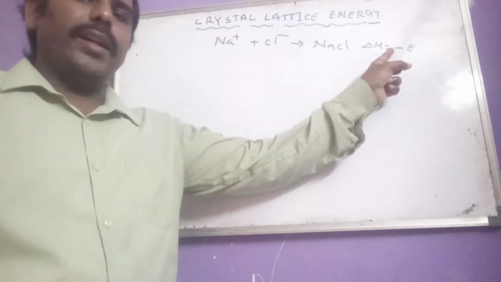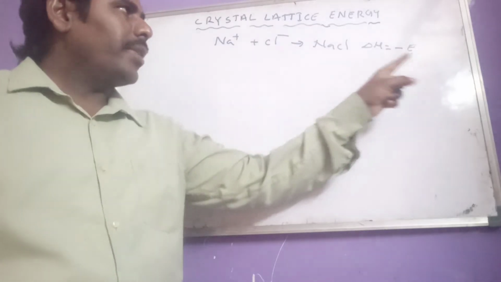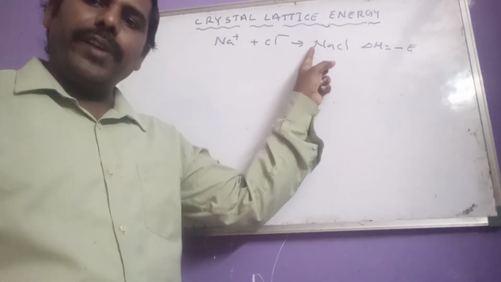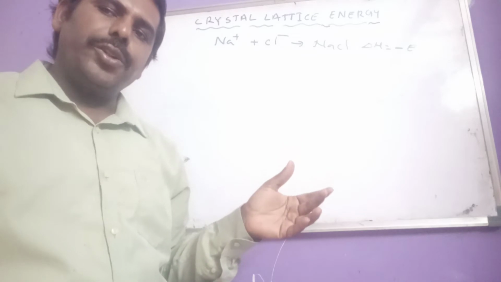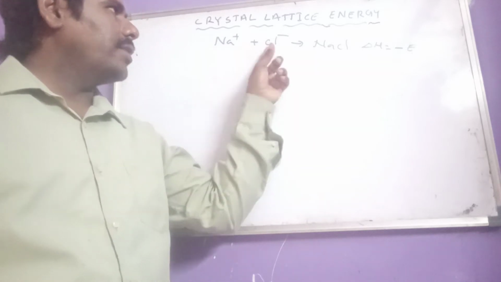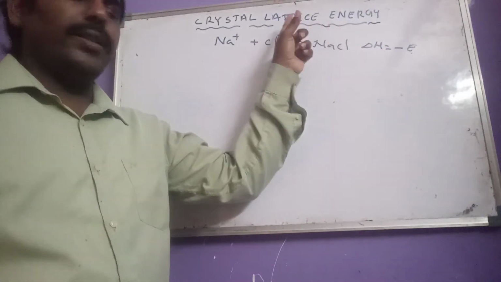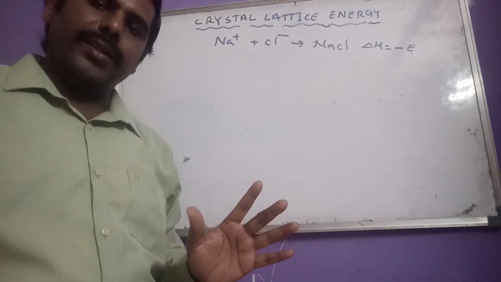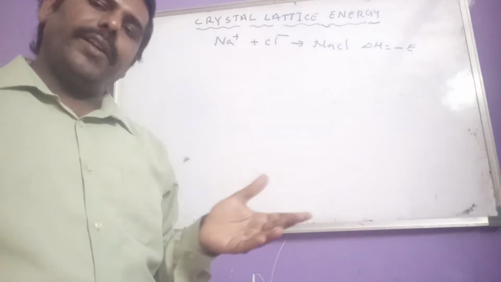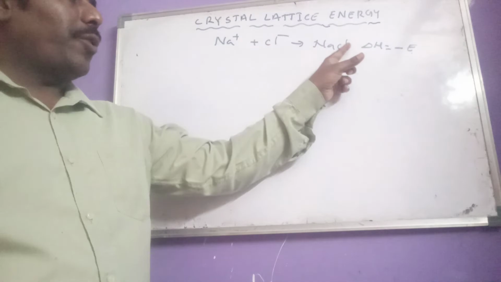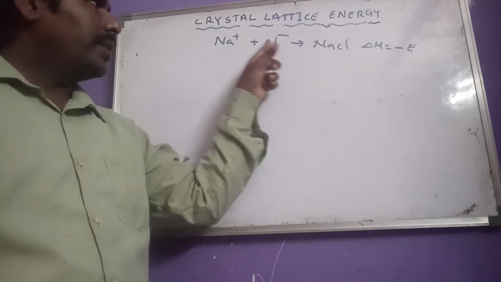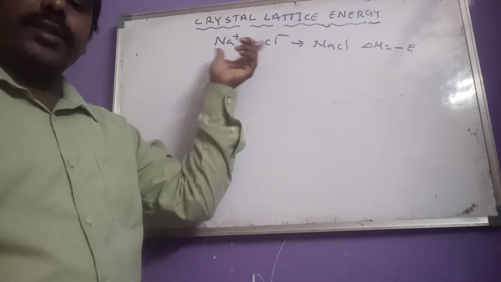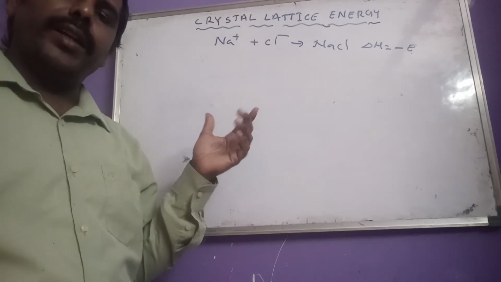The heat energy liberated when 1 mole of a crystal is formed from its constituent ions is known as crystal lattice energy. Or, another definition: if we provide some heat energy to 1 mole of NaCl, it converts into its constituent ions.